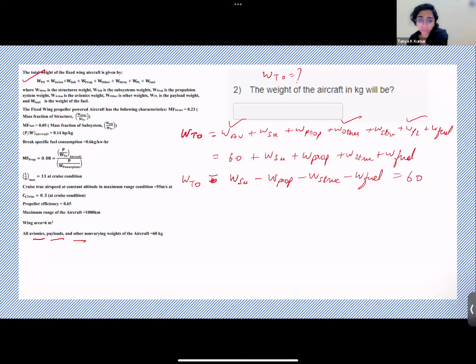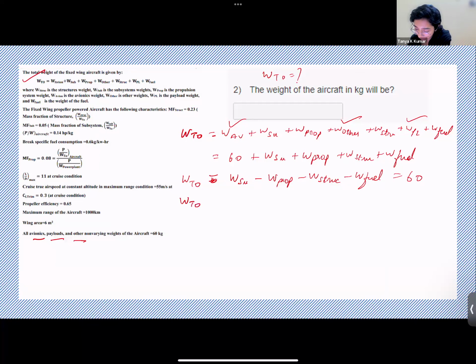Can you do it from here? How do we proceed? Take W takeoff common.